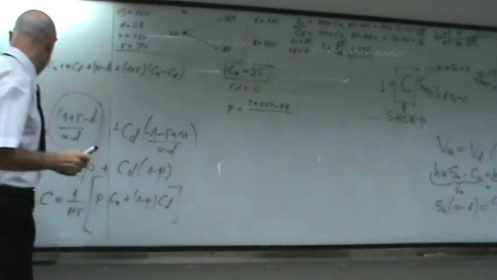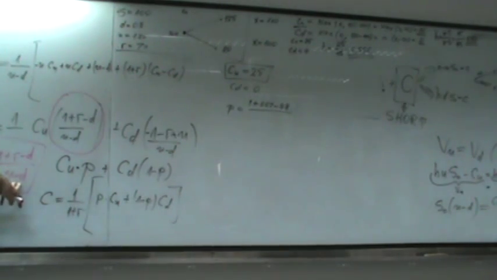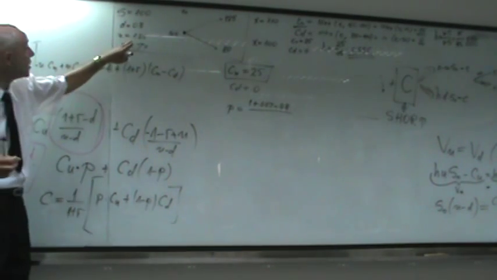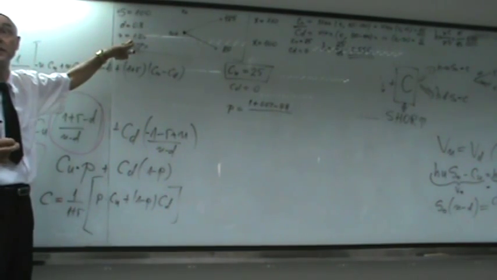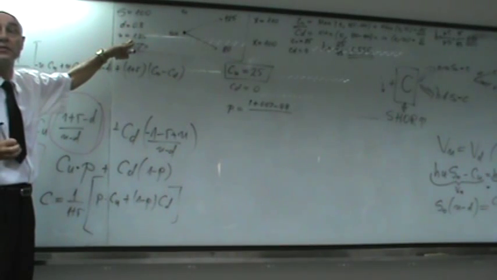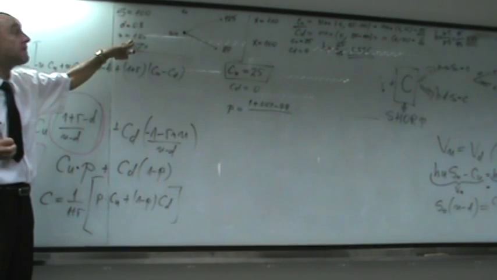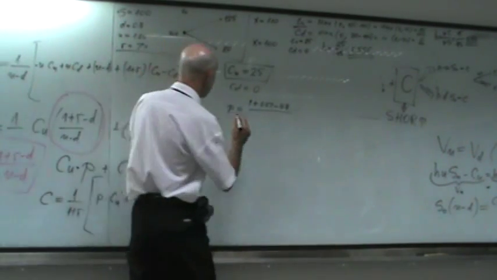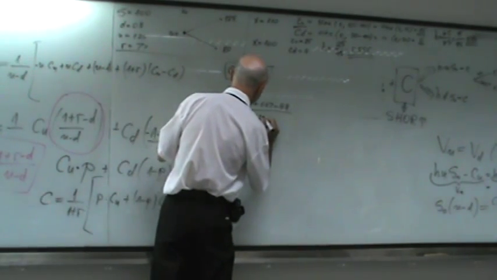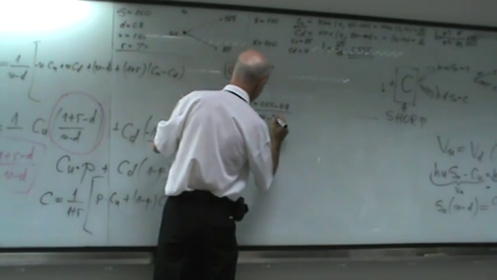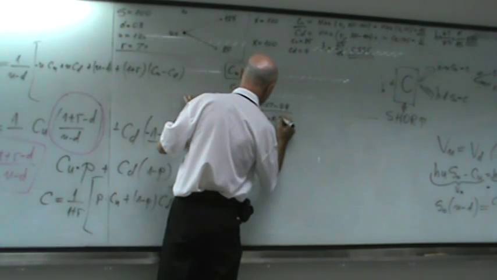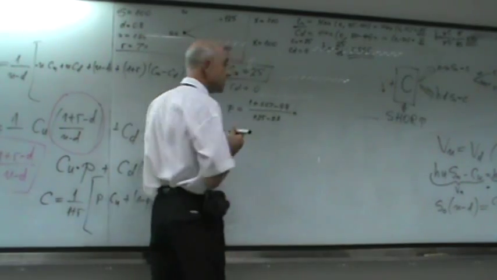And this is the difference between U and D. What's the difference between U and D? 0.45. So it is 1.07 minus 0.8.